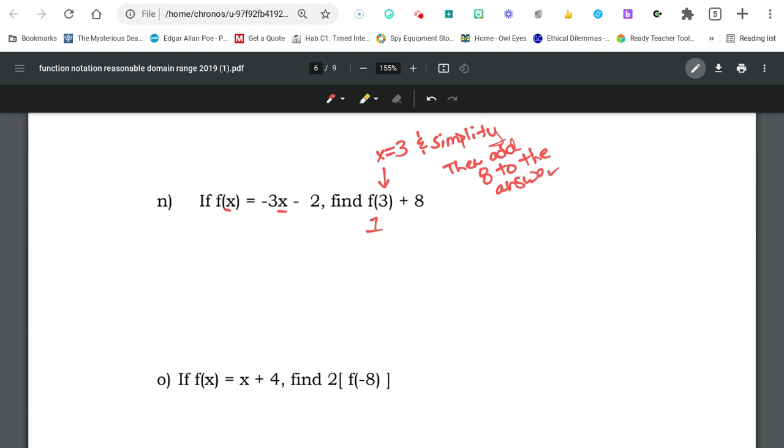Okay, so this is first, and after I do that, I'll add 8 to it. So let's change every x to a 3. Let's do that first.